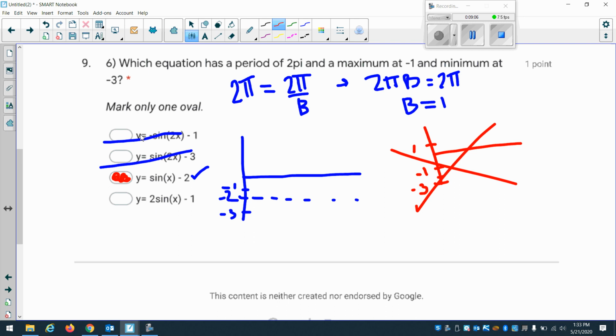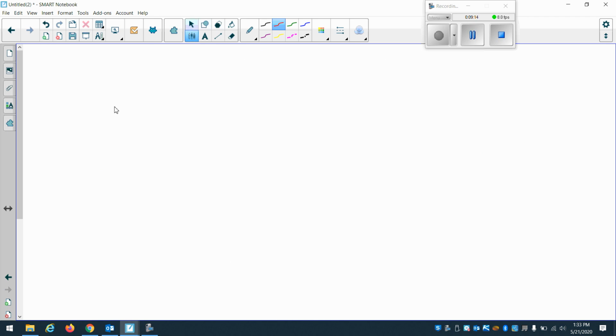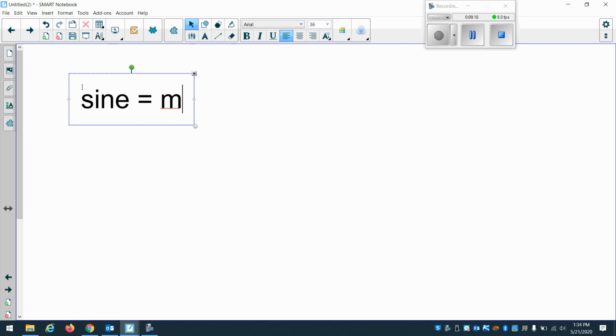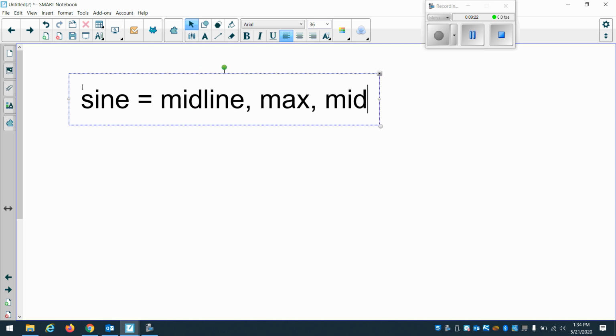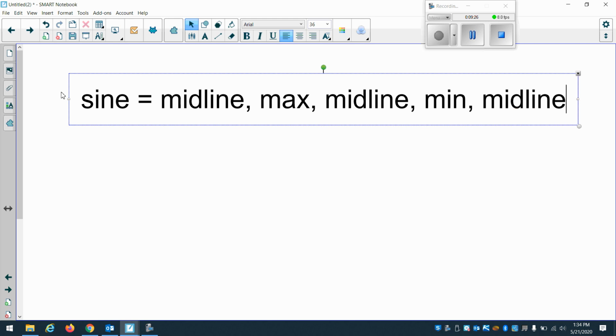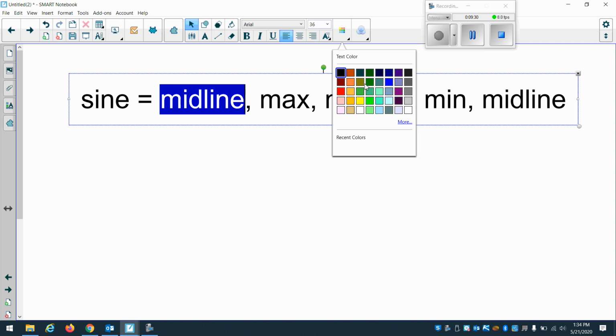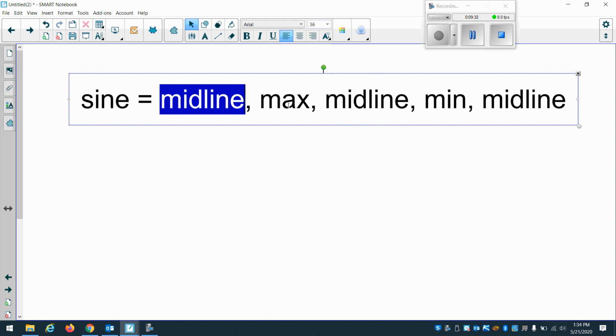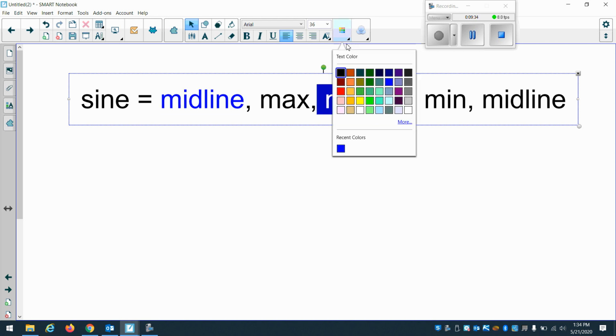All right. And then a few things I wanted to show you are a few things to remember. Where does the sine graph start? Well, the sine graph starts at the midline always, then it goes to the maximum, then midline, minimum, midline. Okay, so I'm just going to change these colors for midline.